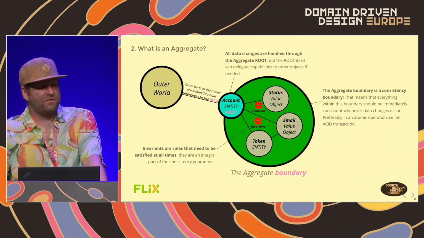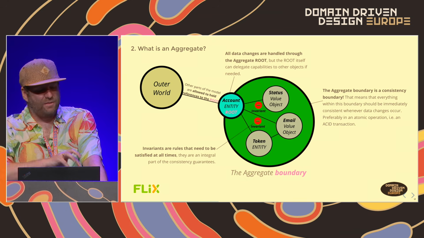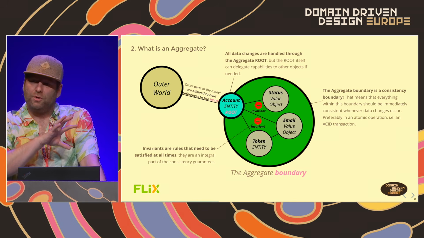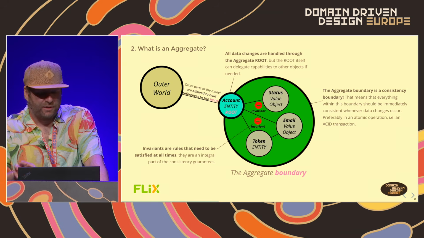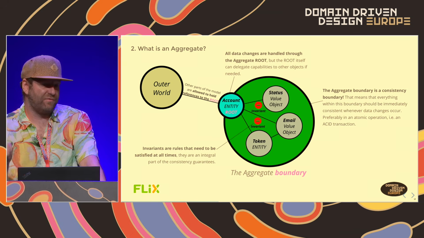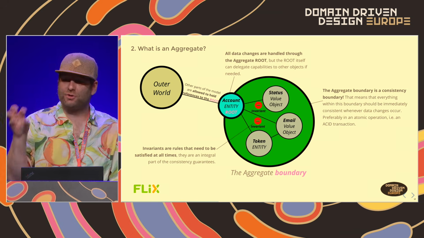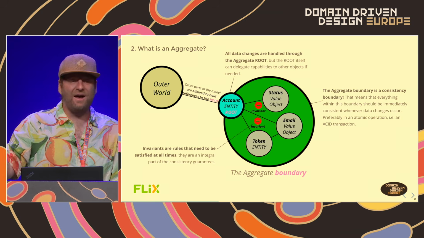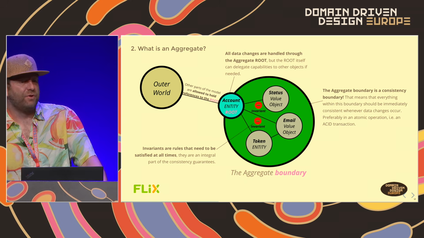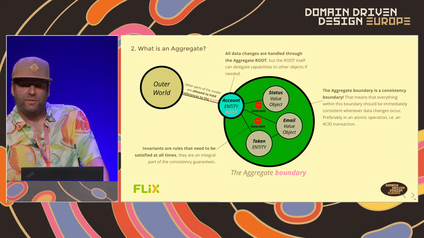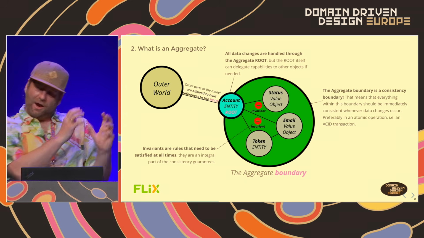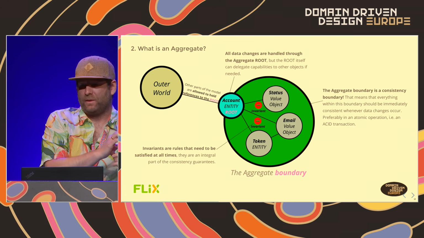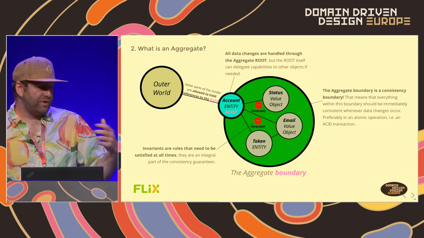So we have talked about the outside and the inside. When the outer world tries to communicate with an aggregate, it should only have references to the aggregate root. It should only be able to communicate and pass this aggregate around through the aggregate root. Because the boundary is artificial. The aggregate root is something concrete in your code, right? How you implement the boundary is up to you.